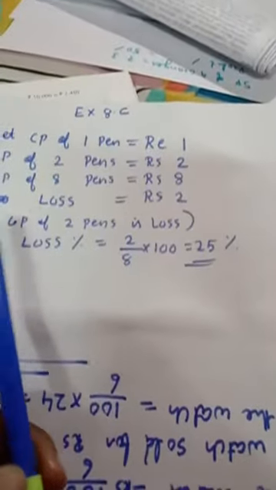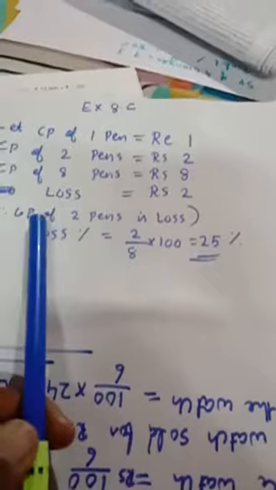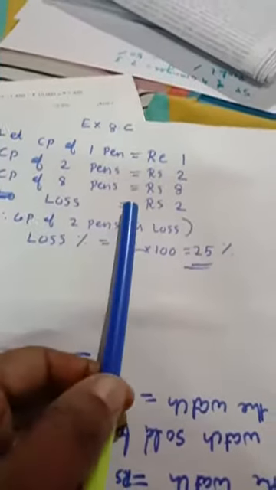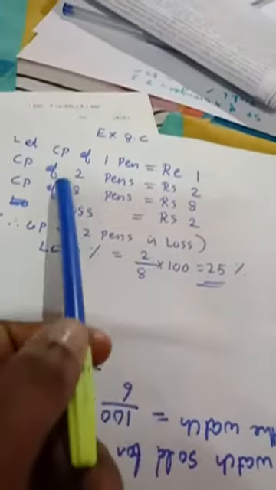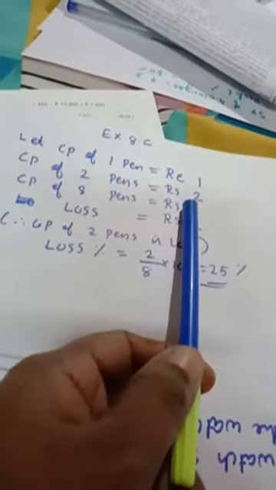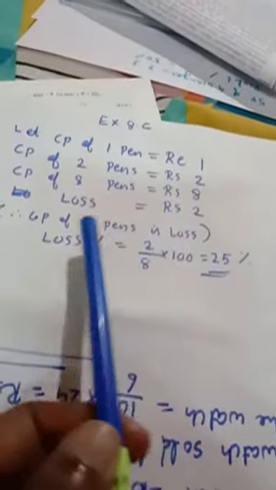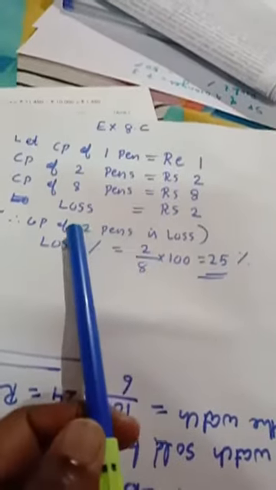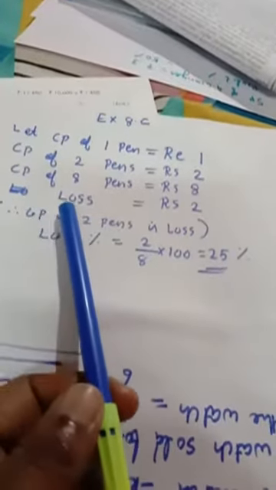So the CP of 2 pens is the loss. What is the CP of 2 pens? Rupees 2. That's why we are writing rupees 2 directly. He had a loss of rupees 2.